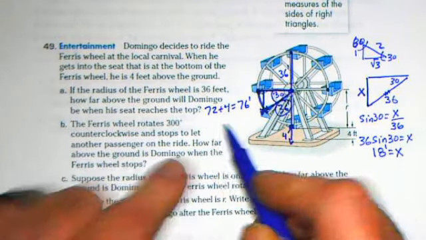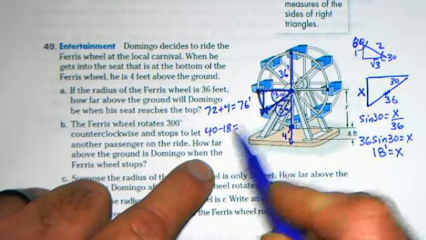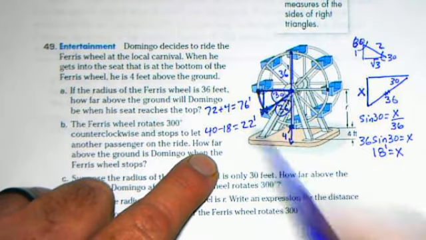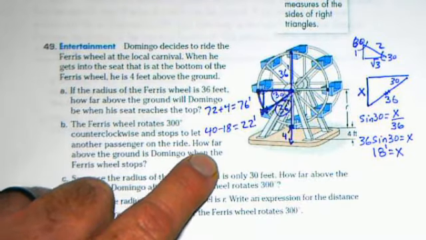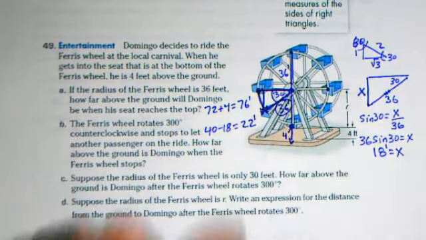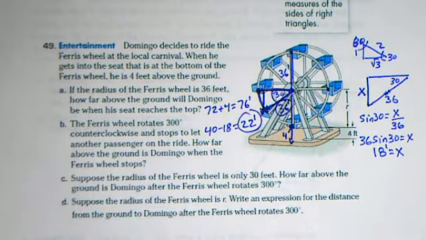So if we do 40 take away 18, we end up at 22 feet. So for part B, Domingo is 22 feet above the ground when the Ferris wheel stops.